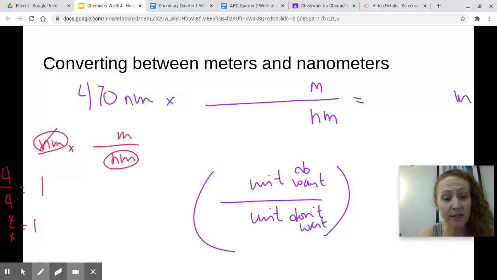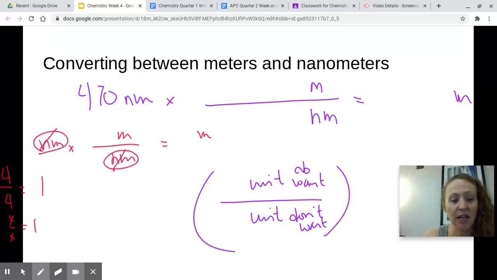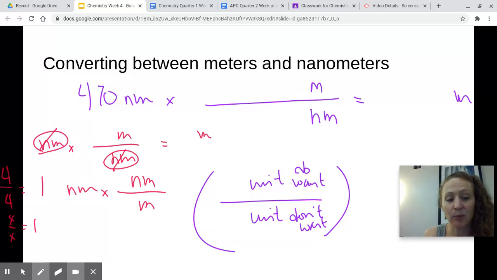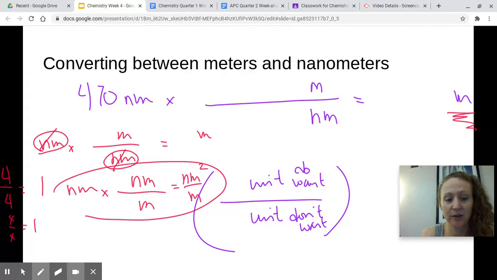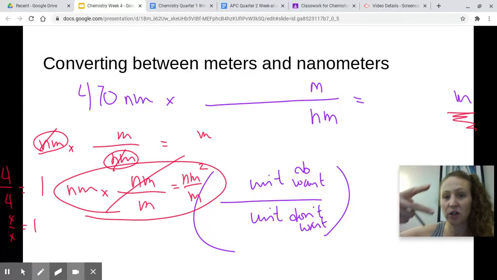It reduces out of my equation, and I'm just left with meters. If I flipped that, let me show you what would happen. If I had nanometers on the top, I would end up with nanometers times nanometers, which is nanometers squared, over meters. That's not what I want in the end. So you have to make sure you get your units set up correctly.